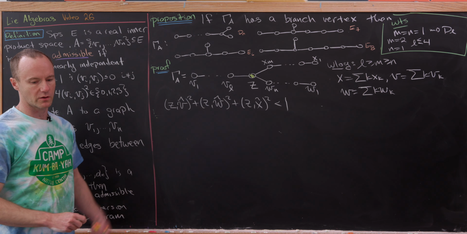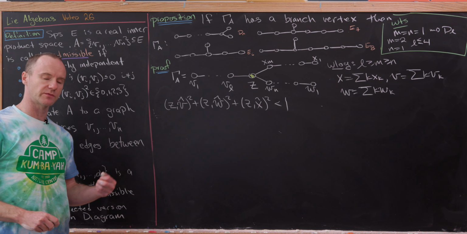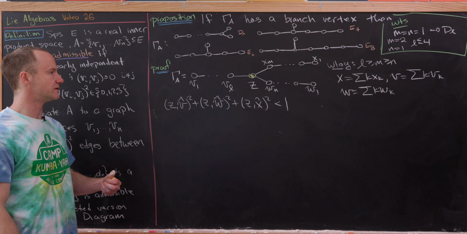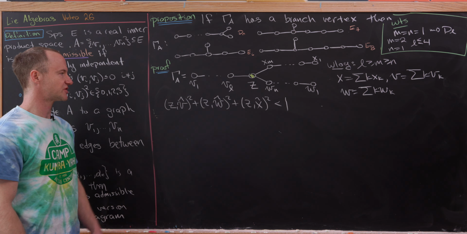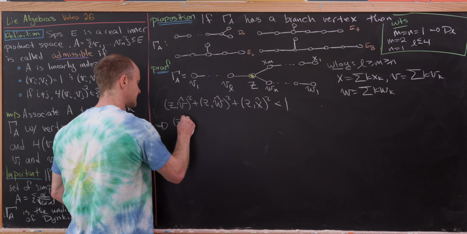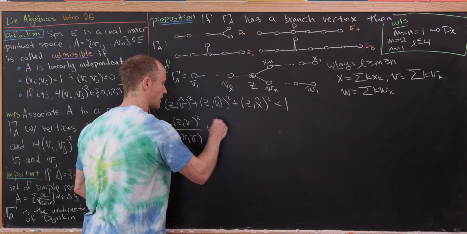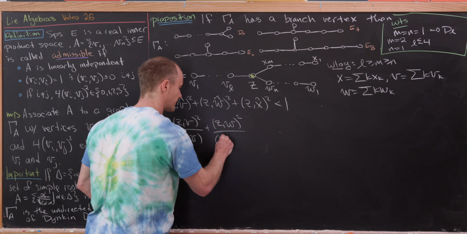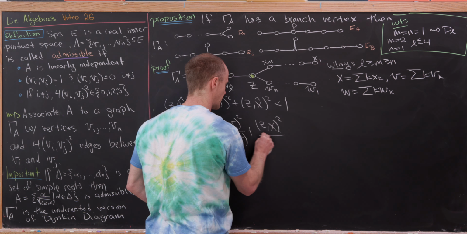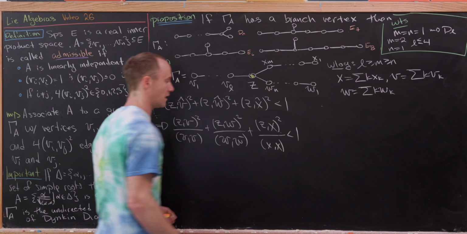Okay, so we ended with the following inequality. The inner product of z with v hat squared plus the inner product of z with w hat squared plus the inner product of z with x hat squared is less than 1. Now, from here, what we can do is reintroduce the definition of these hatted vectors into the situation. So that'll tell us that the inner product of z with v squared over the inner product of v with v, plus the inner product of z with w squared over the inner product of w with w, plus the inner product of z with x squared over the inner product of x with x, is less than 1.